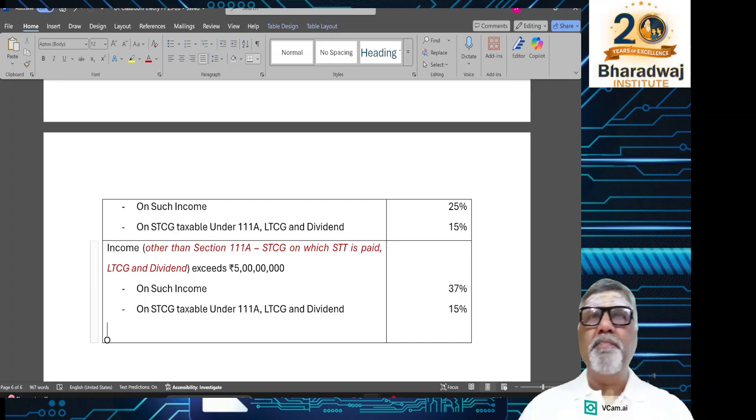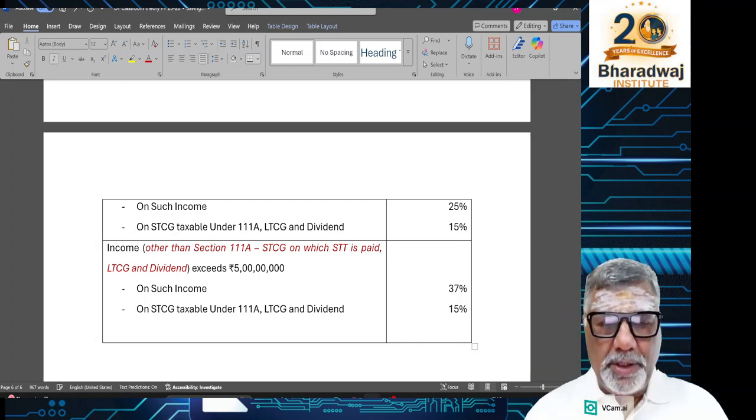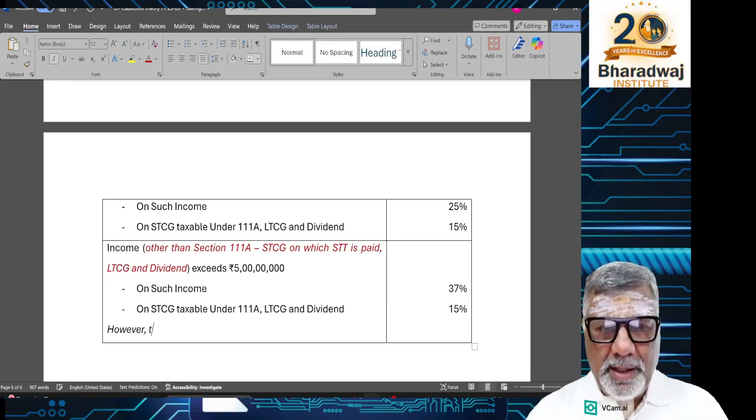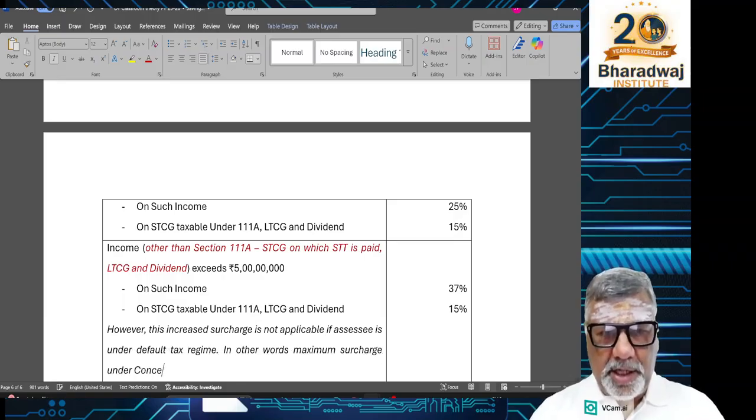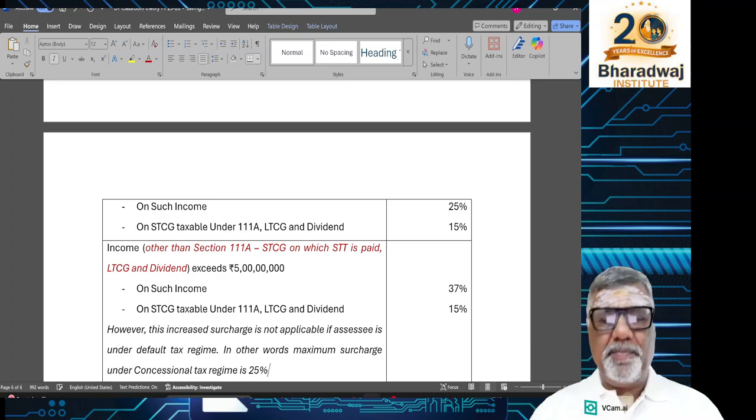Am I clear to you? And now please note down this. However, this increased surcharge is not applicable if assessee is under default tax regime. In other words, maximum surcharge under concessional tax regime is 25%.